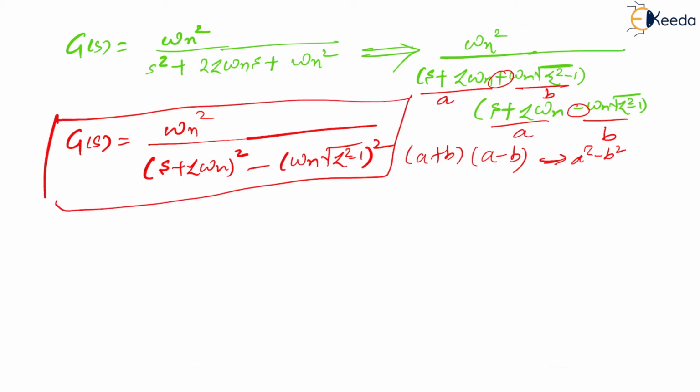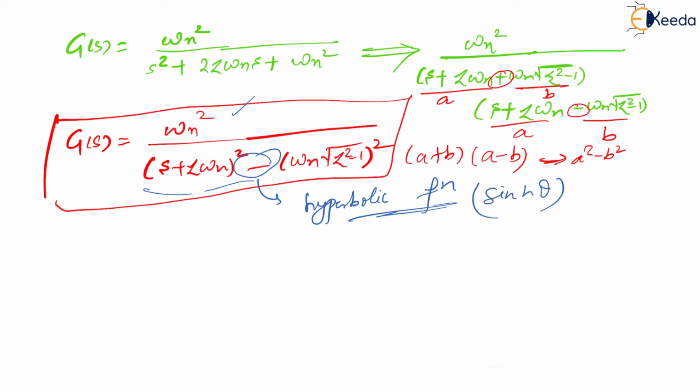Now here comes the thing. The inverse Laplace transform of this will involve sine hyperbolic functions. Why? Because if you see, this is omega n squared, forget about it, this is going to be s squared minus something. Because of this minus sign, you will be getting hyperbolic functions, yes. Like sine hyperbolic and all sorts of terms you will be getting, because we know that the Laplace transform of sine hyperbolic kt is nothing but k upon s squared minus k squared.